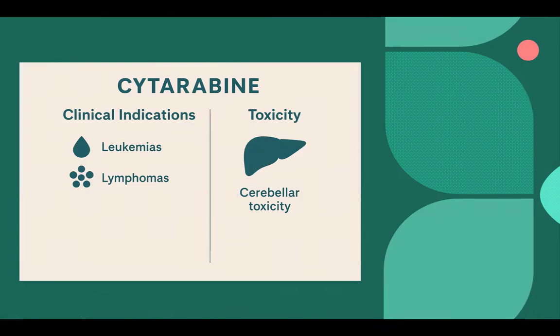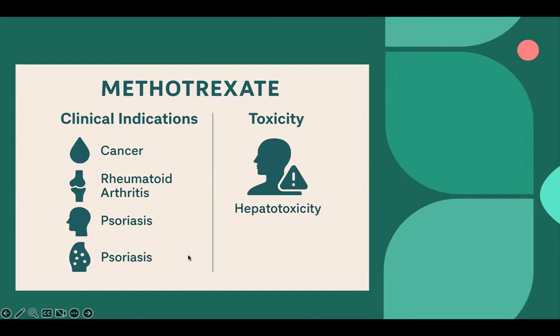It affects the brain. Second drug, methotrexate, is also indicated for various types of cancers, including rheumatoid arthritis and psoriasis, and toxicity includes hepatotoxicity, which affects the liver.